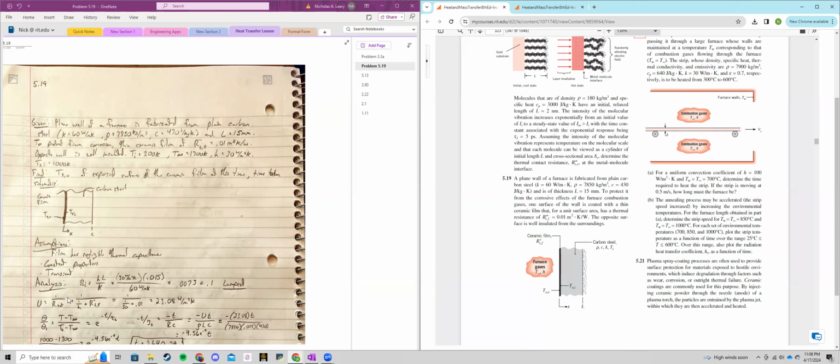So R total is then 1 over h plus our resistance for the ceramic film. And that turns out to be 23.08 watts per meter squared Kelvin. We'll use that later, within probably like the next one or two steps. I think I see it right down here. Yeah. So it's good to get that one out of the way.